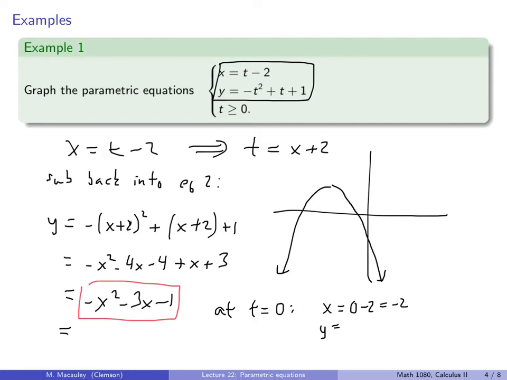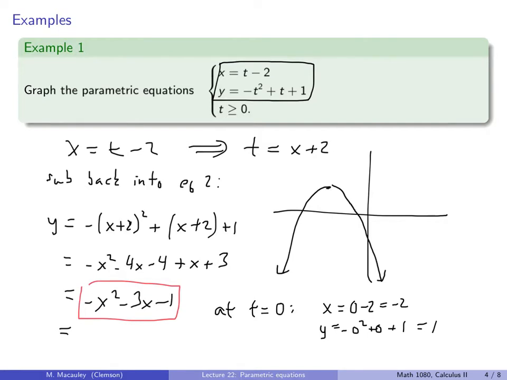Y equals 0 squared plus 0, I feel dumb writing this, plus 1. I could have just written 1. So at time equals 0, our ant is at the point negative 2, 1.